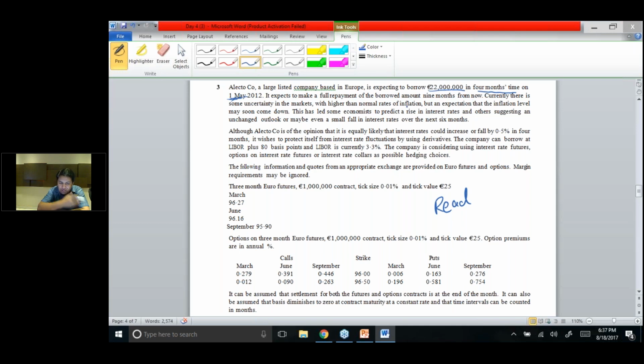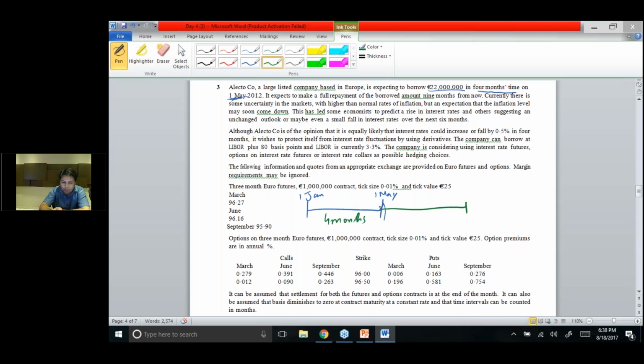So today is 1st January, and you are going to borrow on 1st May. So that means January, February, March and April, 4 months are required.